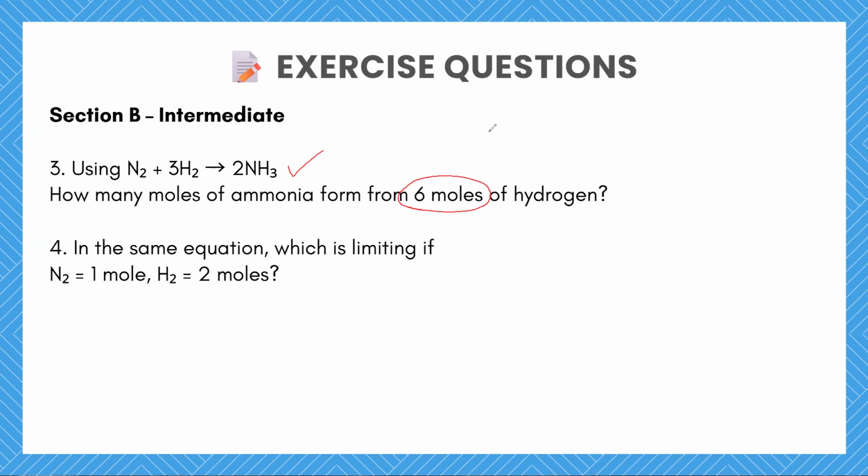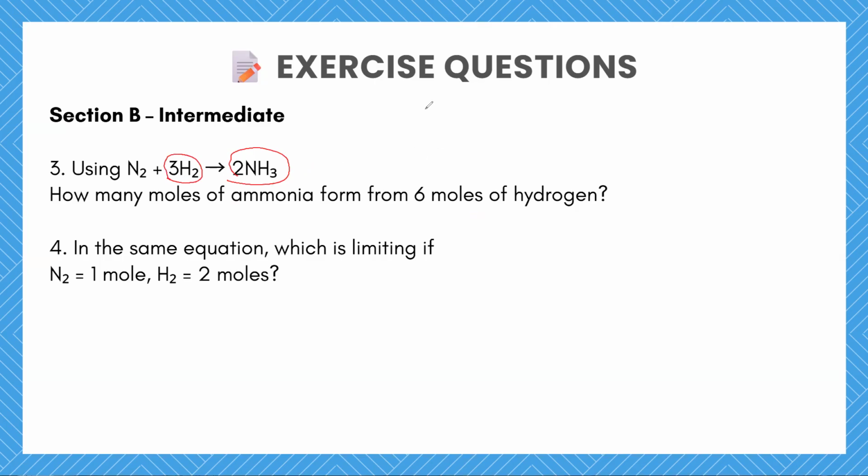The next step to carry out would be to get our mole ratio. What would the mole ratio now be? Well, let's check out the question. The question starts off by saying, how many moles of ammonia, here is ammonia, will form from 6 moles of hydrogen, here is hydrogen.